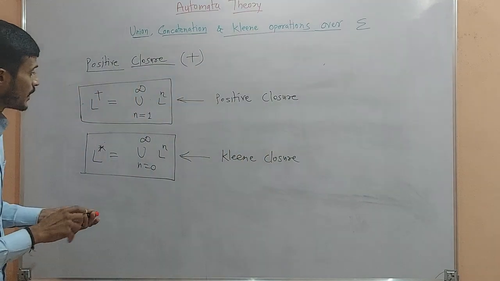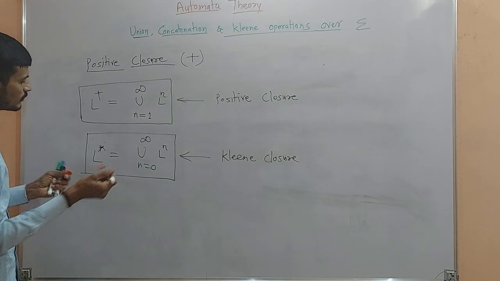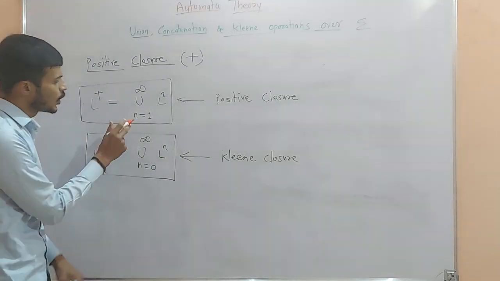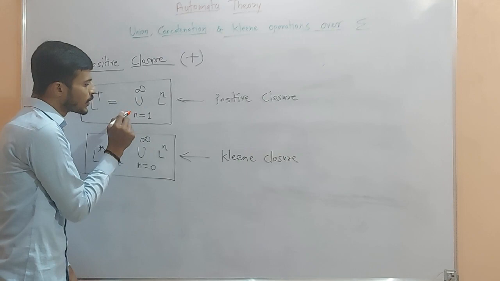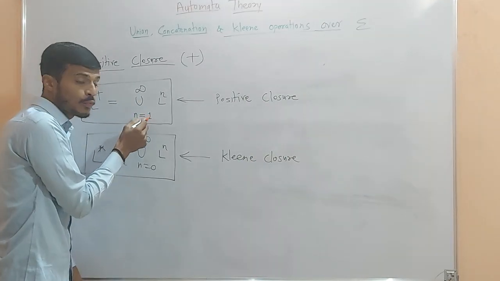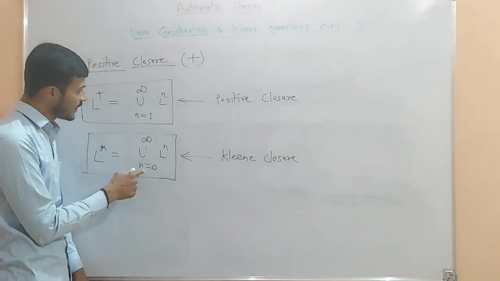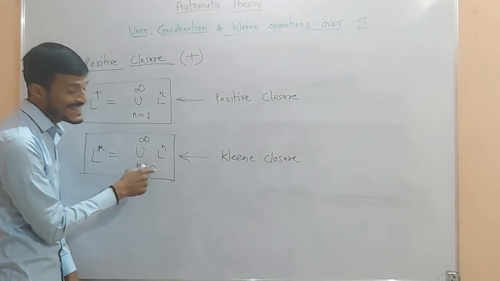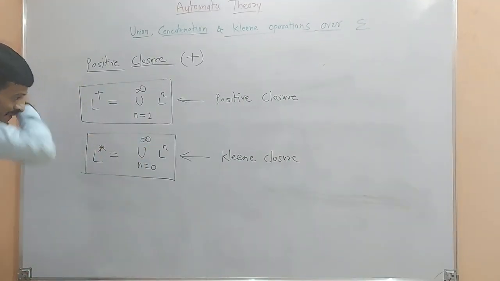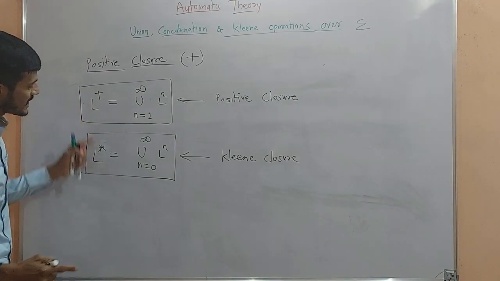In the case of positive closure, the lower limit is such that we take the strings from size 1, and in the case of Kleene closure, we take the strings from size 0. So you can write here what is the relationship between L plus and L star.